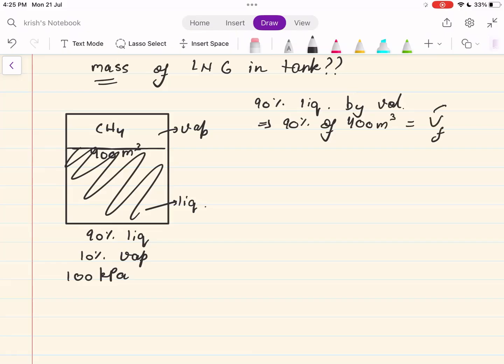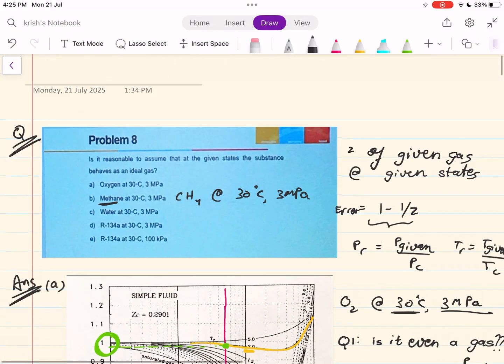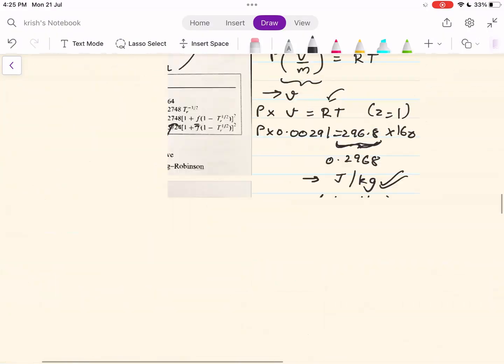This is capital V, not small v, because we don't know the mass of the mixture yet, which is what we have to find.